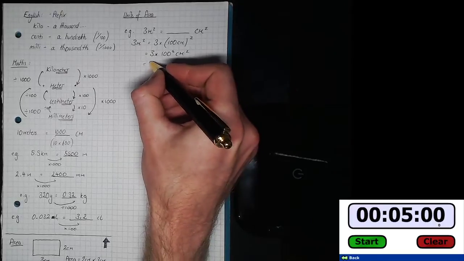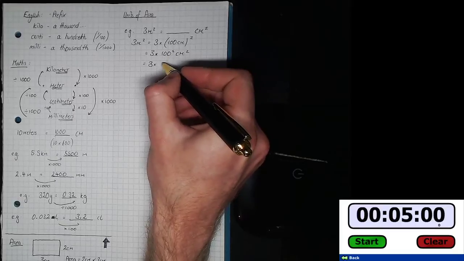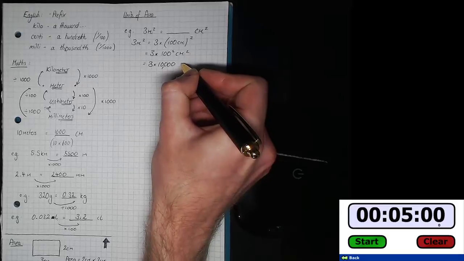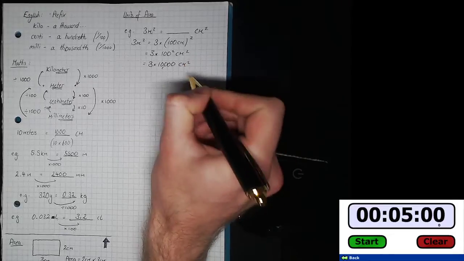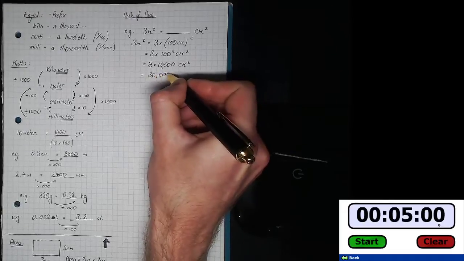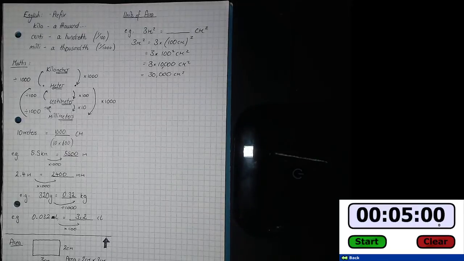So we're going to have 3 times 100 squared, or 100 times 100, which is 10,000. 3 lots of 10,000 is 30,000 centimeters squared, which is a lot.